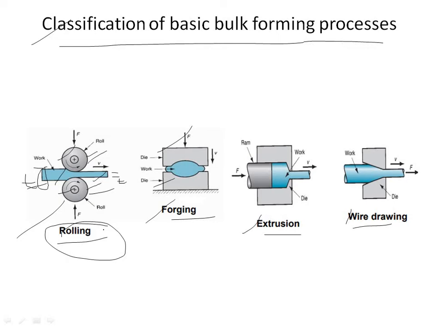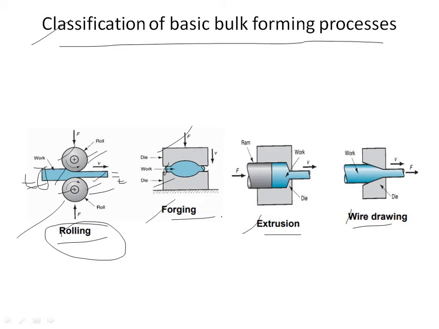Between the two dies the workpiece is compressed with the shaped contours, and the die shapes are imparted to the final part. You can see the workpiece position at this and this.